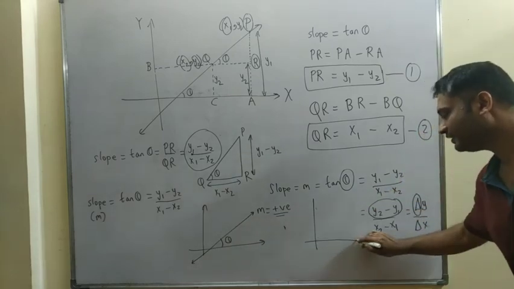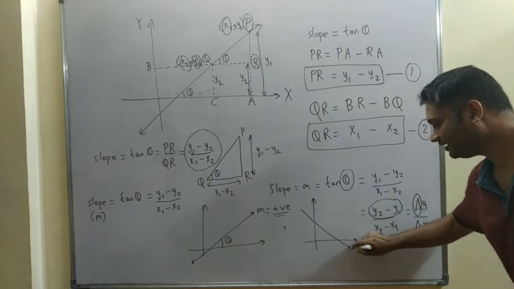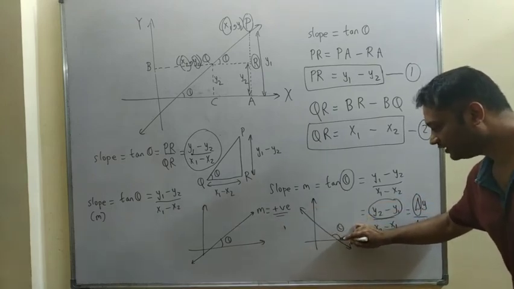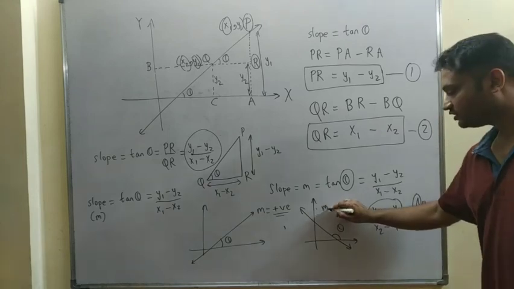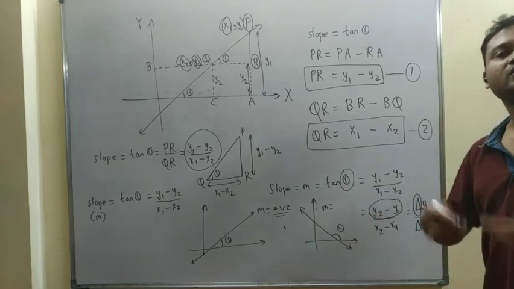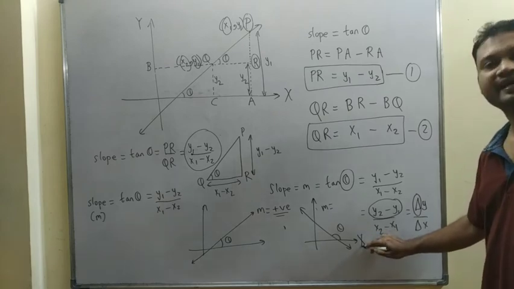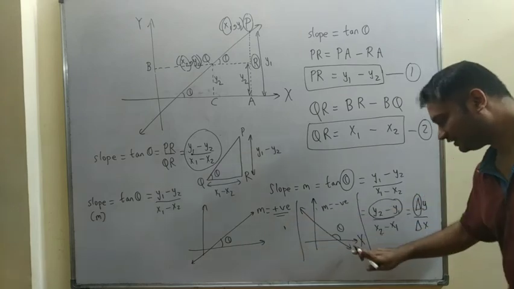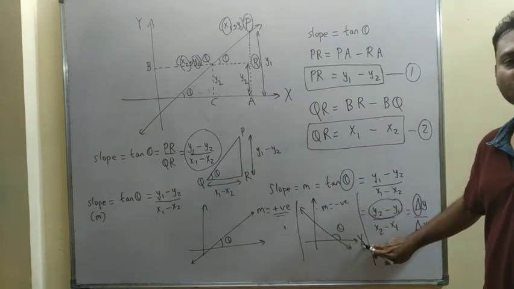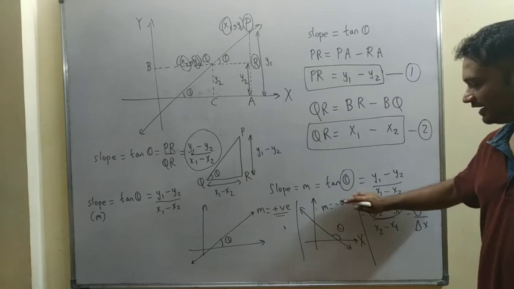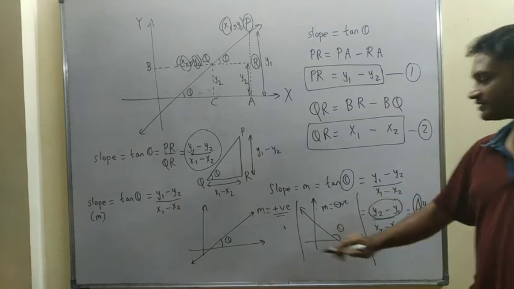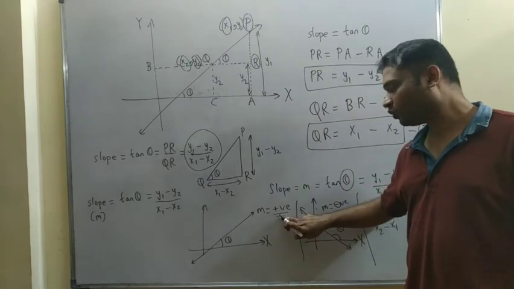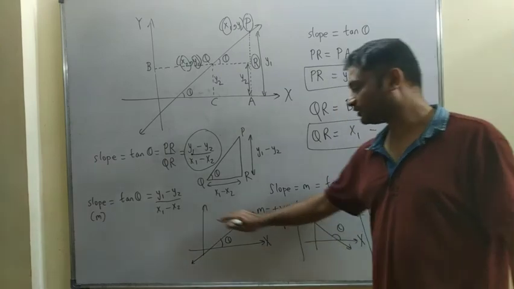If we have another line which makes an obtuse angle with the positive x-axis, then the slope of this line will come out to be negative. Whereas if we have a line which makes an acute angle with the positive x-axis, the slope of that line will come out to be positive.